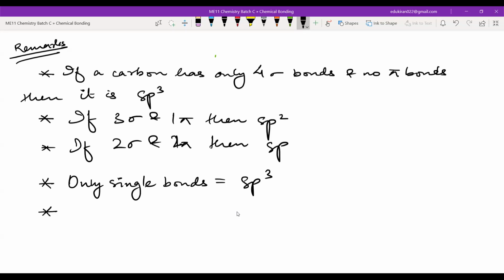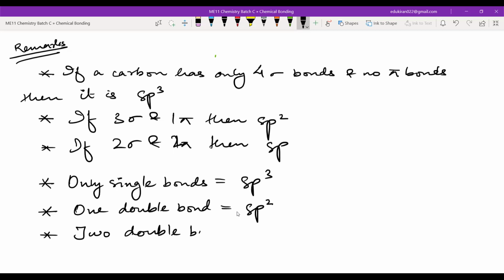Okay, that is sp3. If you have one double bond, a carbon which is having one double bond, that will be sp2. If it is having two double bonds, that will be sp.